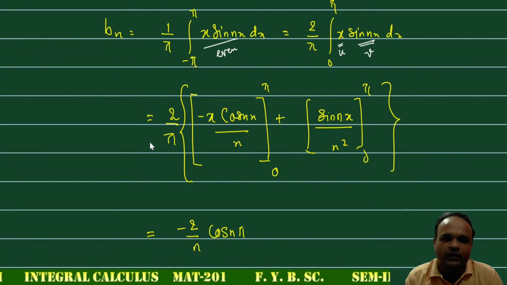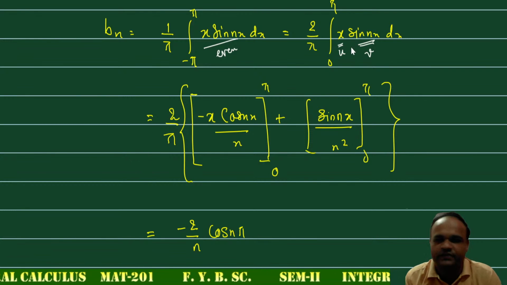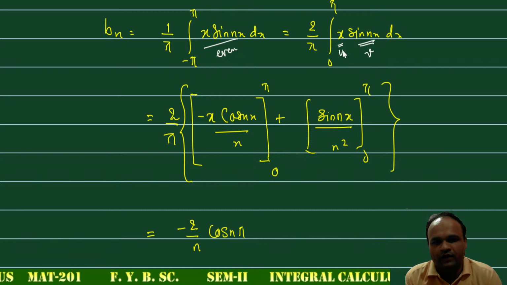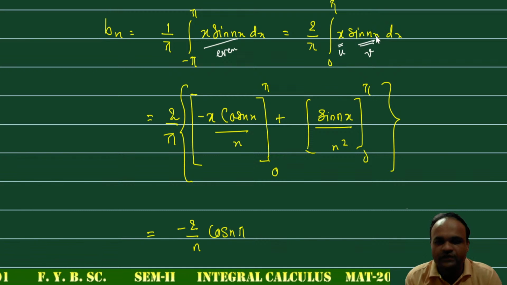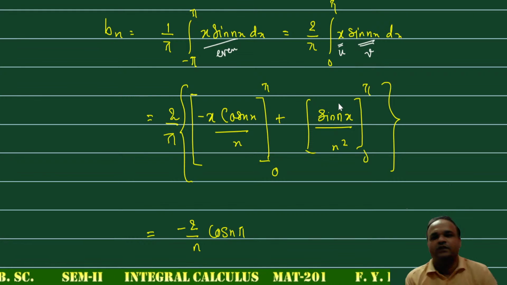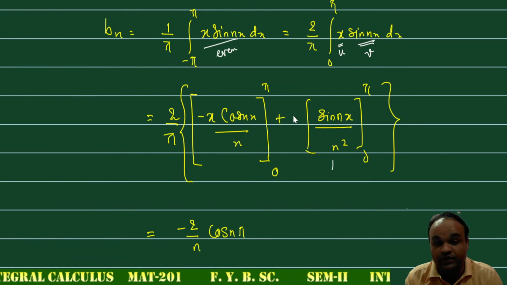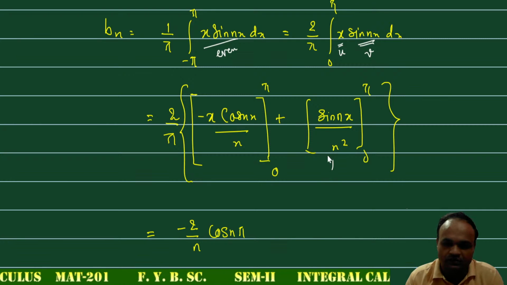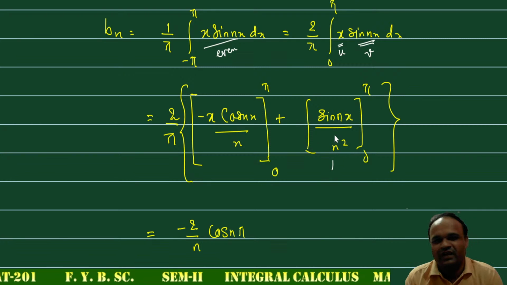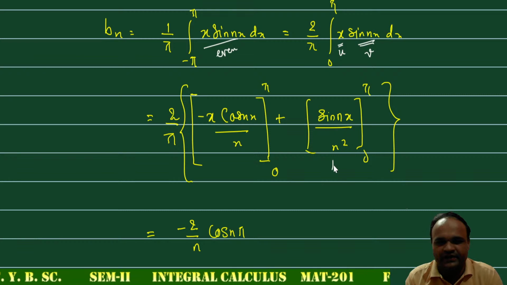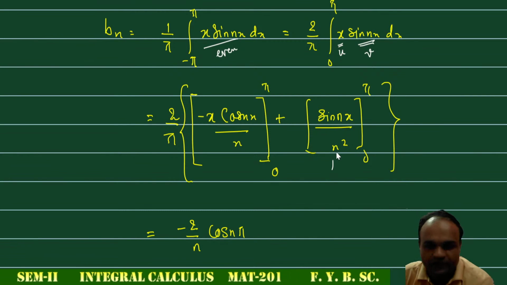So 2 upon pi you can take outside of the integration, and secondly, integration of sin nx will be minus cos nx upon n, and this minus of integration will be positive, and again integration of cos nx will be sin nx upon n, so it will be n square.